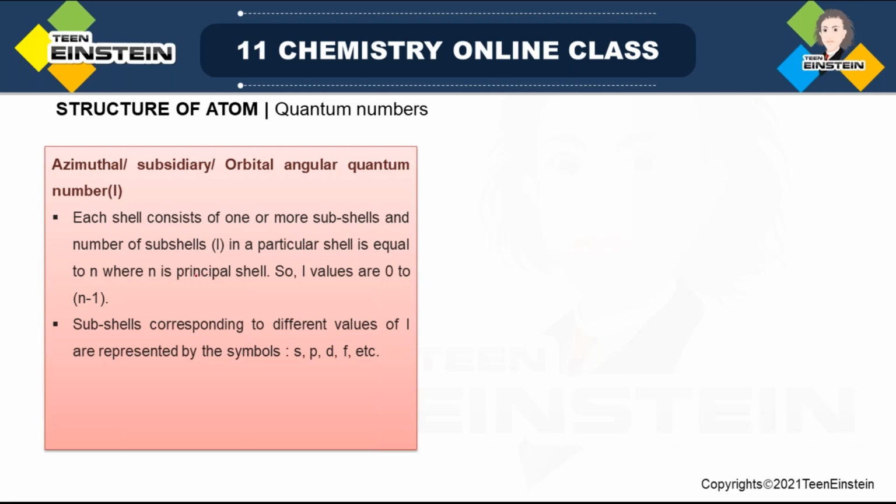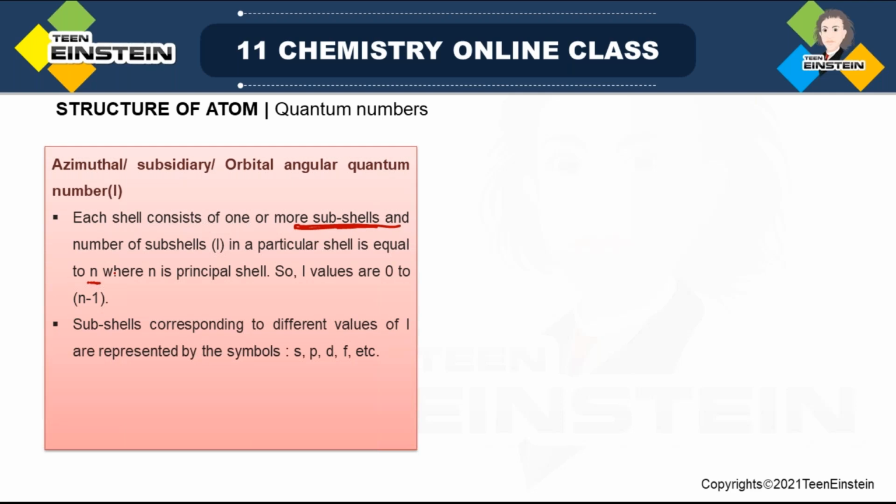Each shell, that is each n, has one or more subshells. So each shell can have one or more subshells, and the number of subshells in a particular shell is equal to n, where n is the principal shell.